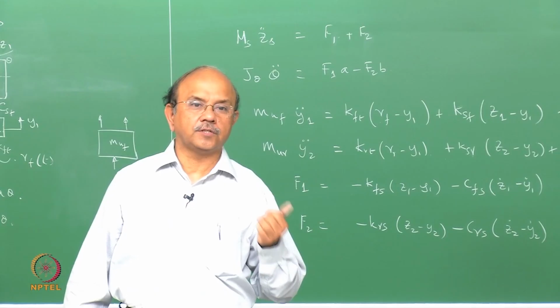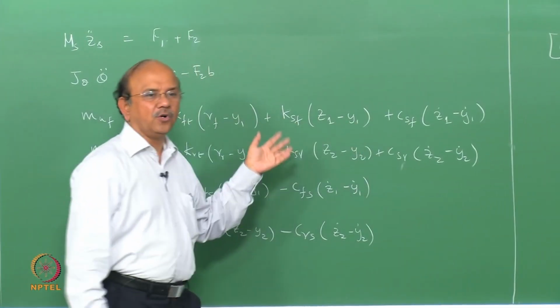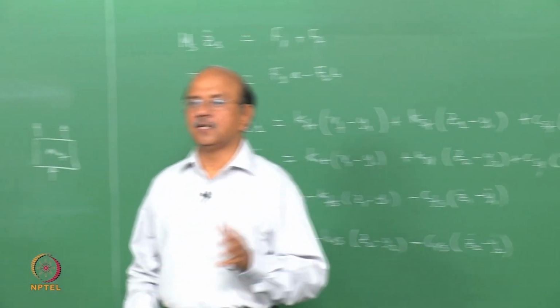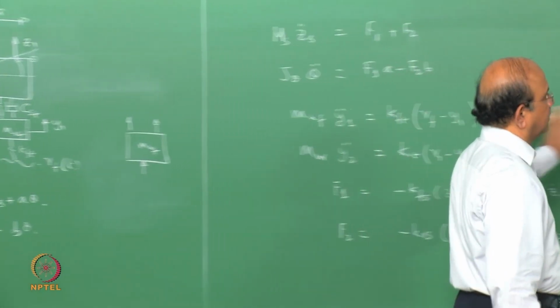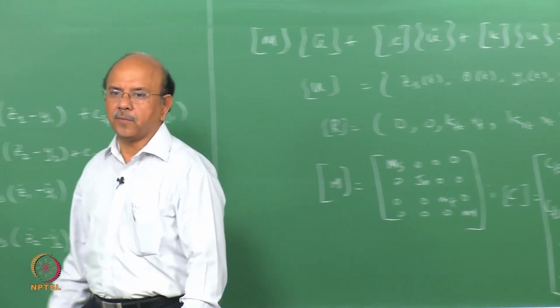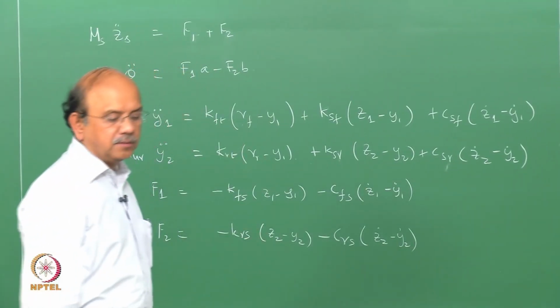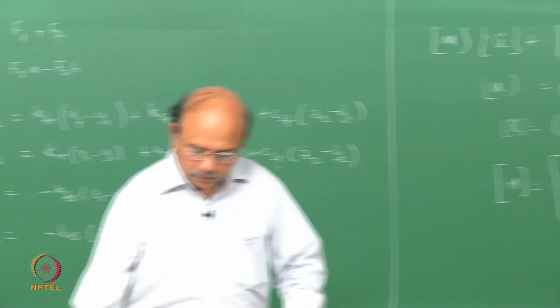Okay, so the suspension spring is not going to be a linear spring, but as I told you, we want to get the first cut results. The reason why we have made these assumptions is that the damping is characterized by a simple number, and the spring stiffness is characterized by a simple number, right? And the K matrix, we will write down the K matrix.